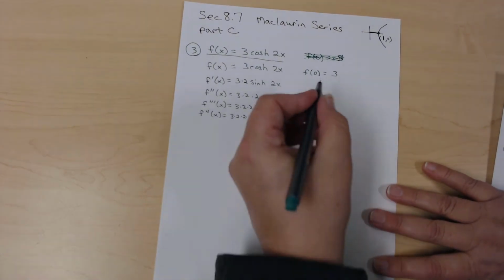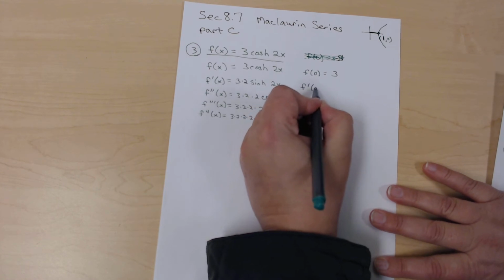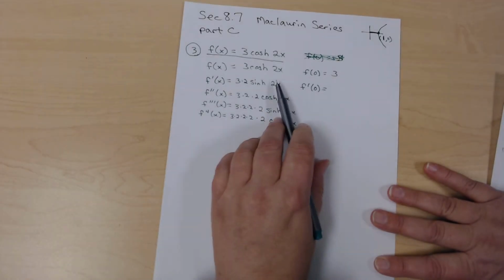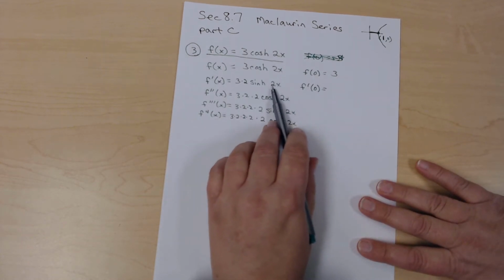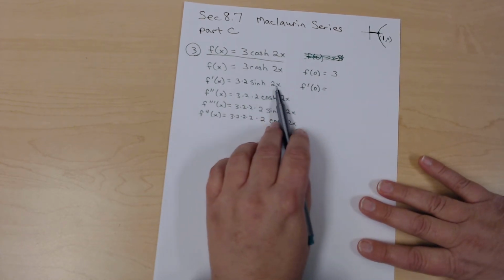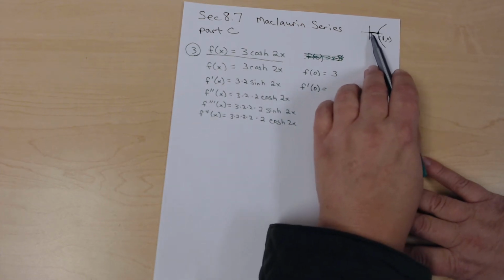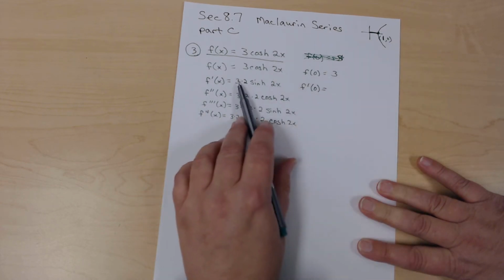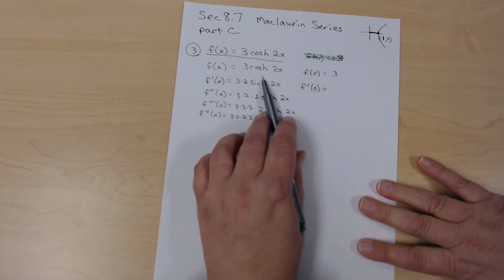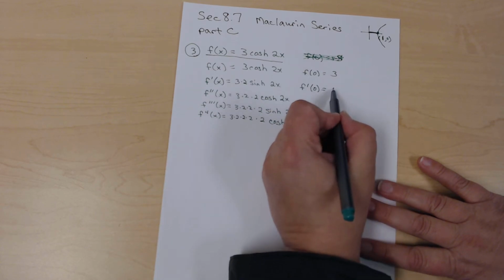All right, so now I want to do the derivative at 0. So I plug in 0 here. What is sinh of 0? Sinh of 0, so my area is 0. My sinh is 0. So I really have 3 times 2 times 0, which is 0.